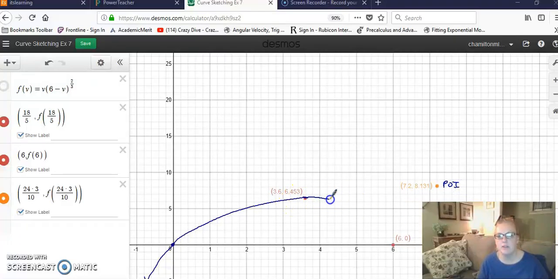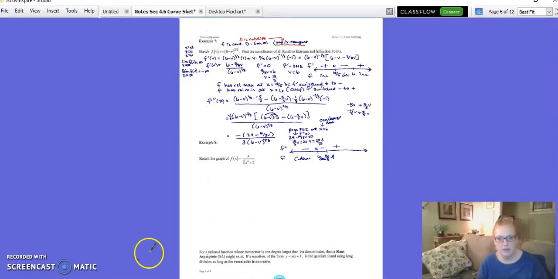So it's going to be down all the way until I get to this. It's going to have a cusp, right? And then it's going to come up, and then let's double check on my graph. We were down, down, and then up after that 16/5 after that point of inflection.